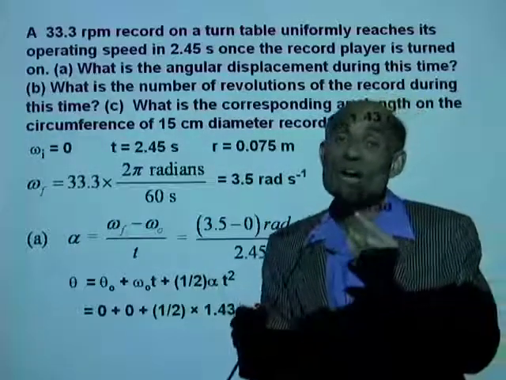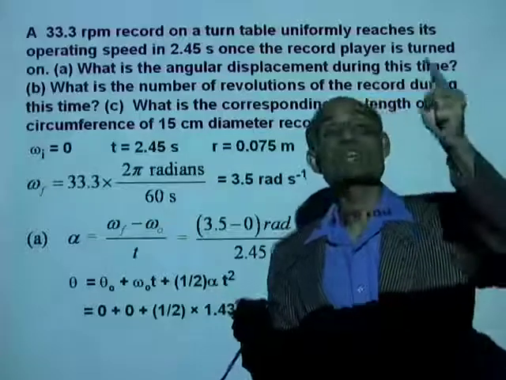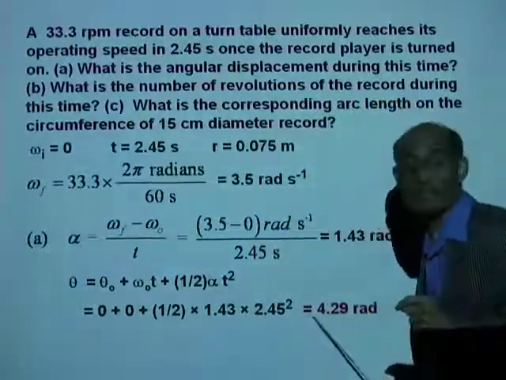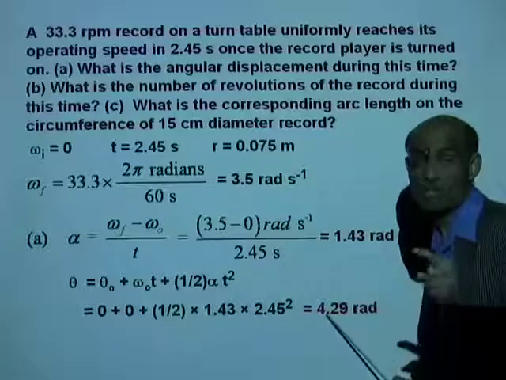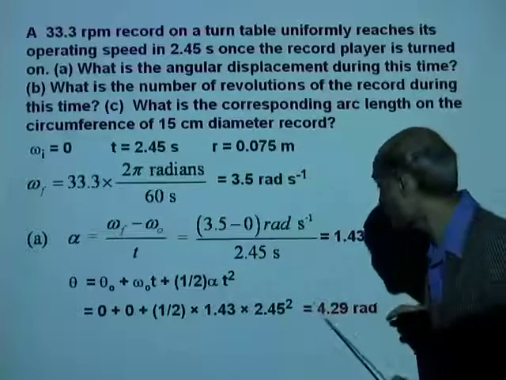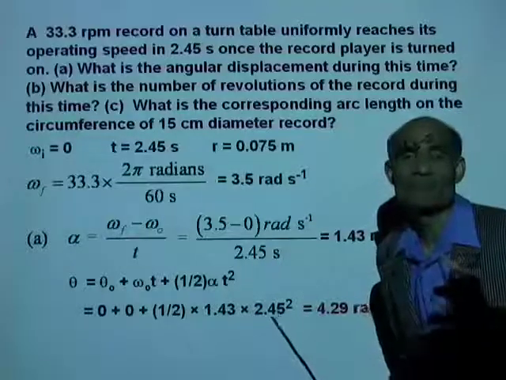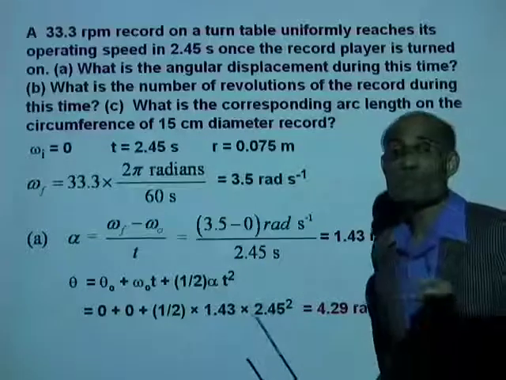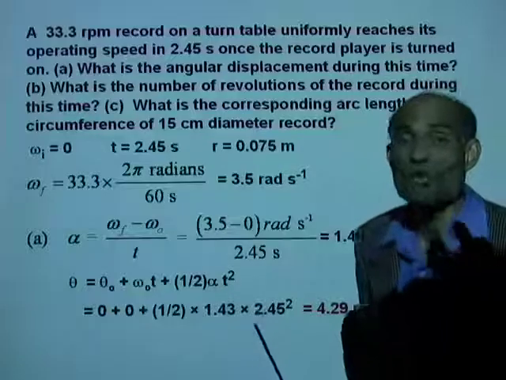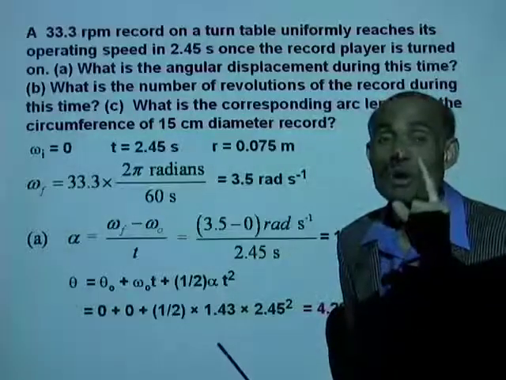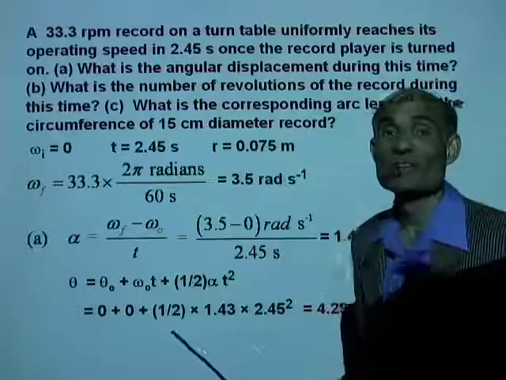That means there are 2 pi radians in one revolution. And you know that the disk rotated through 4.29 radians during that time. Now, this 4.29 radians correspond to how many revolutions? One revolution corresponds to 2 pi radians.